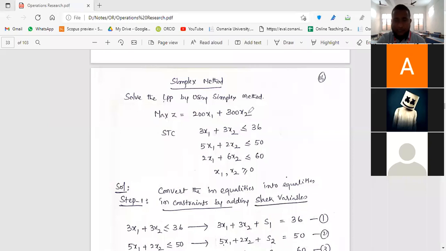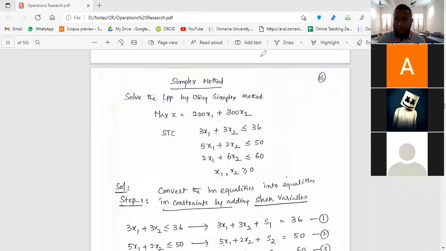And this x1, x2 is a variable, no? That is the decision variable. You must decide how much is x1 and how much is x2. So in every problem, you find one objective function, constraints, and decision variables, x1 and x2. If these 3 exist in a problem, that means the problem is correct.